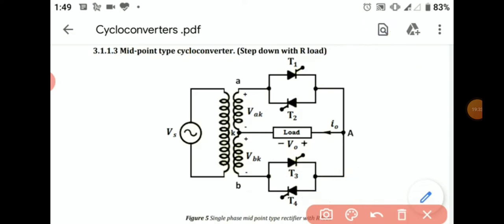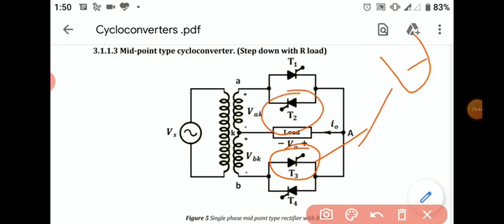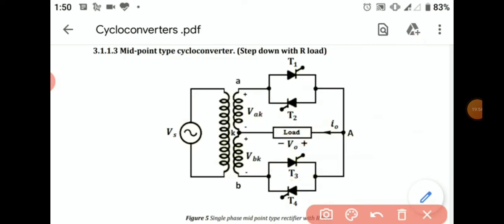The thyristor T3 will work for first negative half cycle and the thyristor T2 will work for second negative half cycle. Before discussing the working of this circuit diagram, we will first move towards the waveform of this step down cycloconverter.